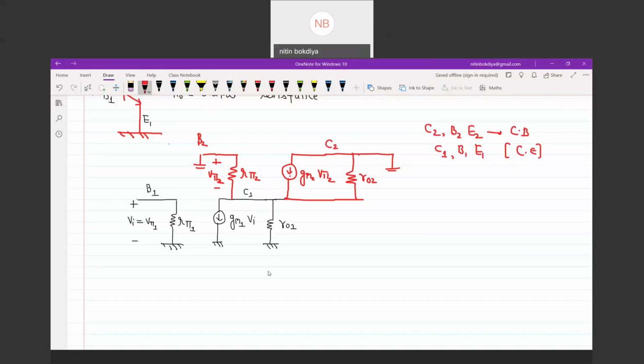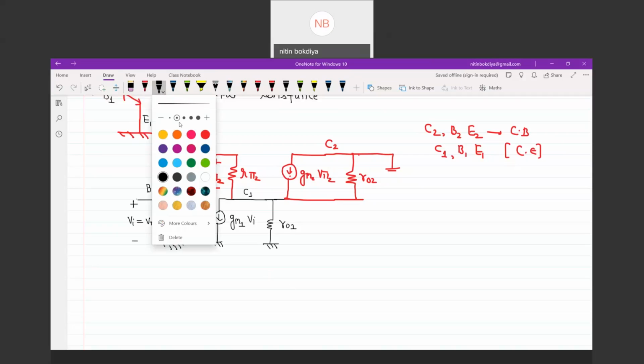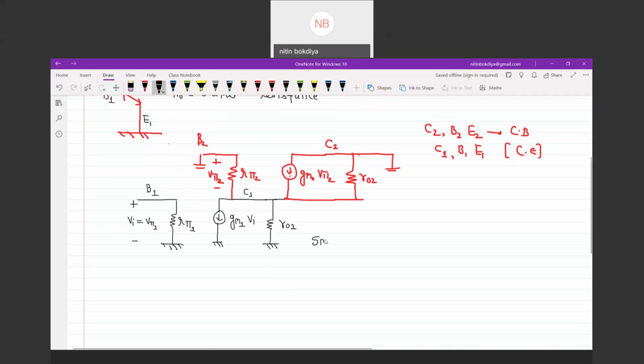This is a small signal model for the cascode amplifier.